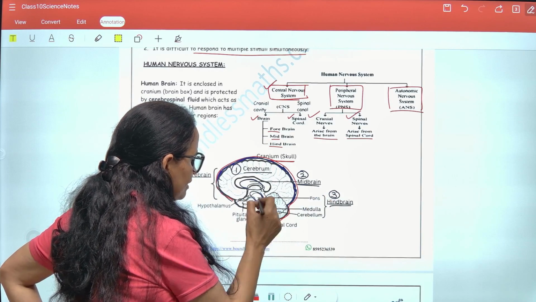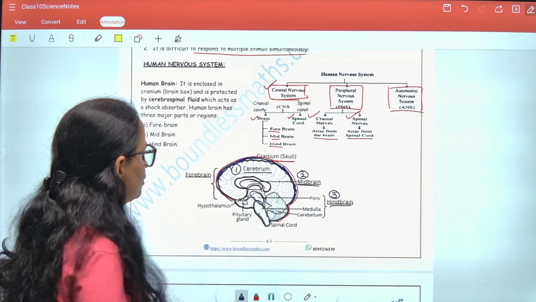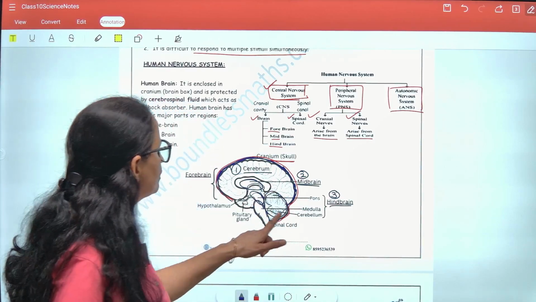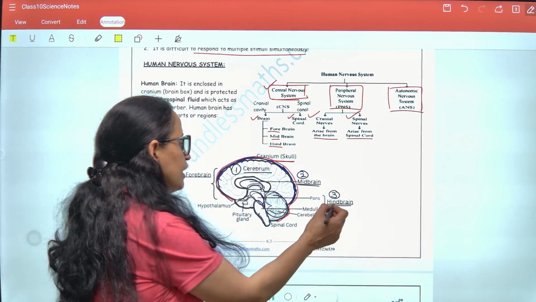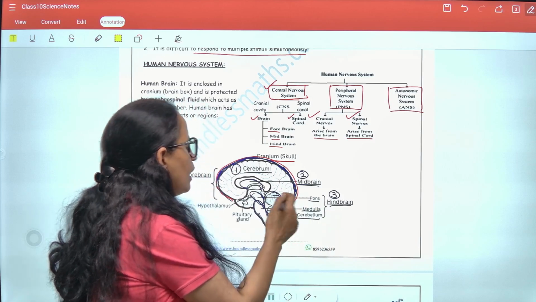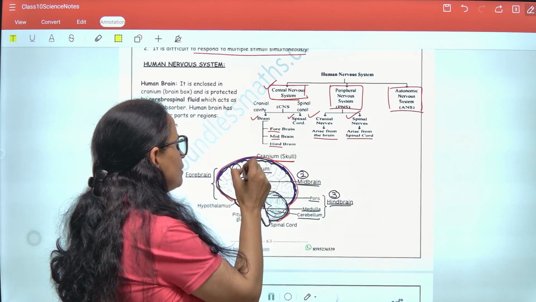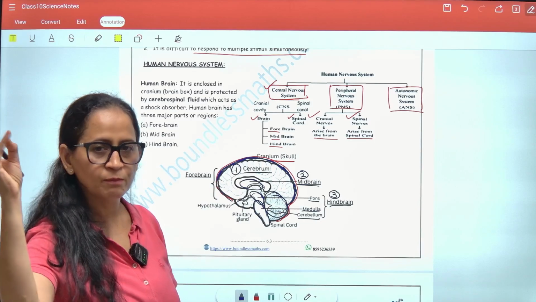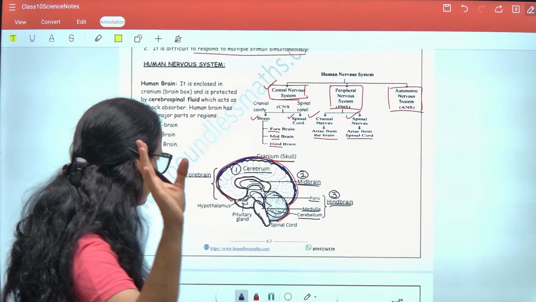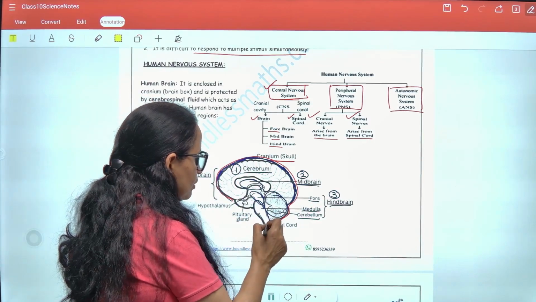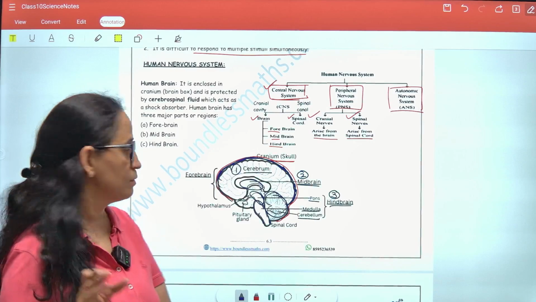You can see this stick-like structure here. And this structure is called the cerebellum. So the hindbrain has three parts, pons, medulla and cerebellum, and overall the brain has three parts, cerebrum, midbrain, hindbrain. So you understand the structure of this brain now, and the hindbrain is attached to the spinal cord.